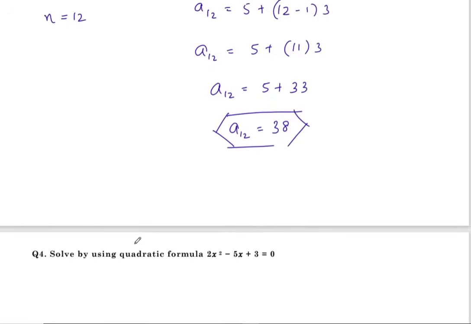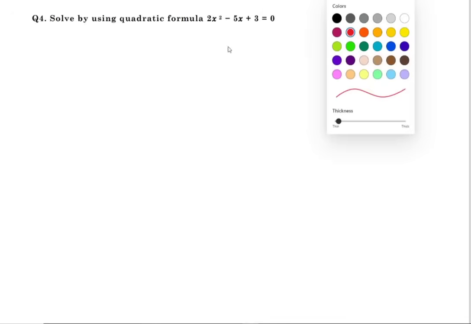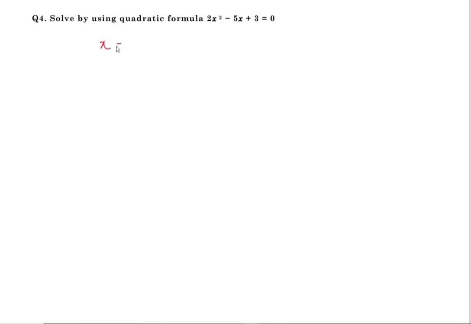Moving to next very important question, solving quadratic equation by using quadratic formula. First we learn the quadratic formula. Repeat with me, x equals minus b plus or minus root b square minus 4ac by 2a.